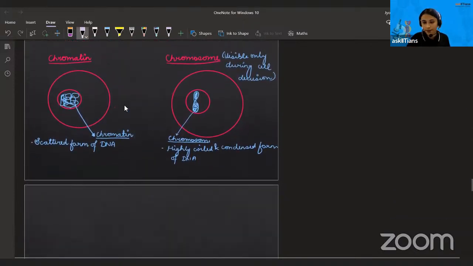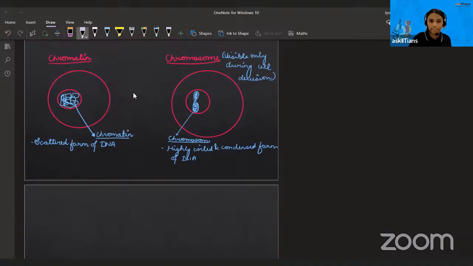Now, I want to show you a 3D view of the nucleus, a 3D diagram of the nucleus.